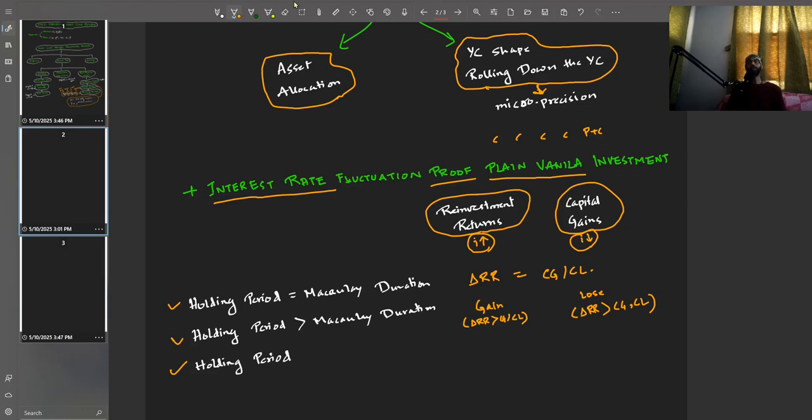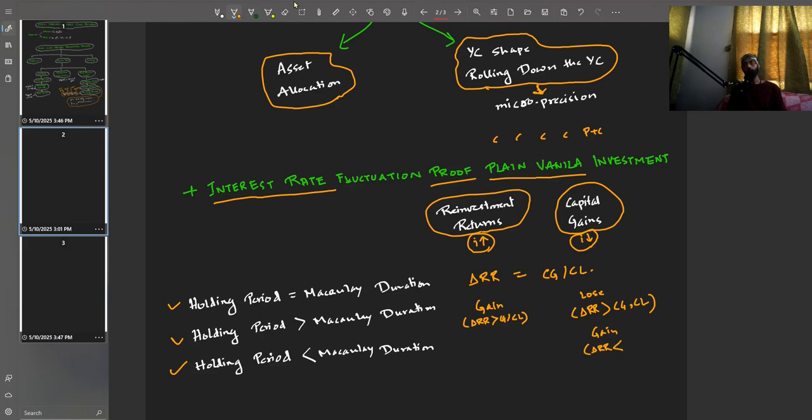Then what about the third case, that is holding period less than the Macaulay duration? In this case, the reverse is happening, friends. Here, you are looking at having fewer coupons received and gaining more from capital gains, right? So you are more dependent on interest rates falling. So if interest rates fall, you will gain, because here the reinvestment returns are not that important.